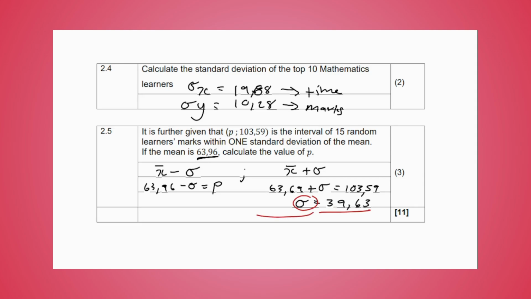So your answer should have been 24,33. There are various different ways you could have calculated this, but you basically had to work with the fact that we know how to find our interval for one standard deviation, then find what your standard deviation is, plug it in, and get your answer.